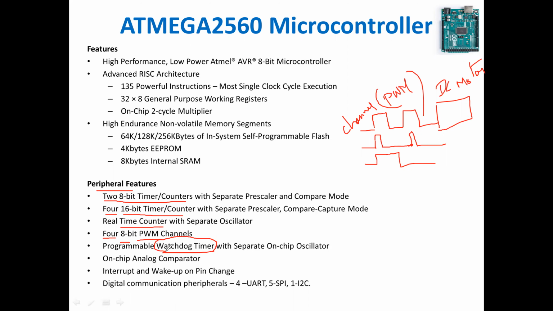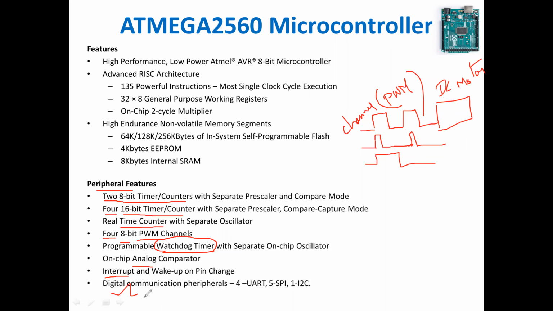For example, if something occurs on the particular IC, the watchdog timer will suddenly reset your PC or your controller. We can learn in depth later on. Generally, we will learn what all the peripherals are. Then we have analog comparators for converting your analog signals to digital, and then we have a number of interrupts.